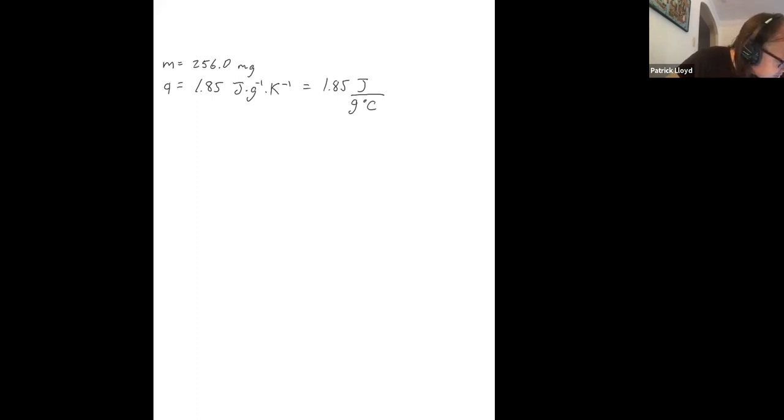So here's my logic. The change in temperature of 1 Kelvin is equal to the change in temperature of 1 degree C. So the difference in temperatures in Kelvin is equal to the difference in Celsius. So for that reason, we can just put divided by degrees C.